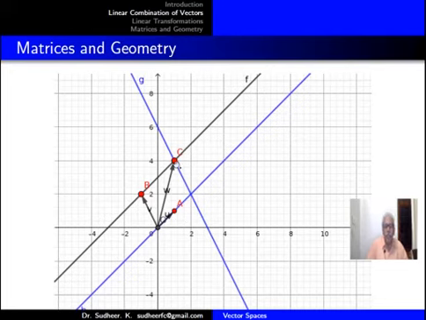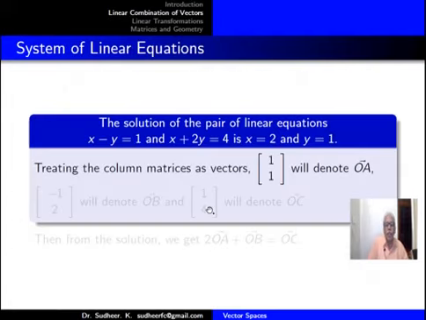So for that you draw lines parallel to the given vectors OA and OB through the point C. You get one side of the parallelogram to be a suitable multiple of the vector OA, and the other side is not a multiple of OB, it is OB itself. So you can see here the vector OC is the sum of two vectors, and the two vectors are suitable multiples of OA and OB.